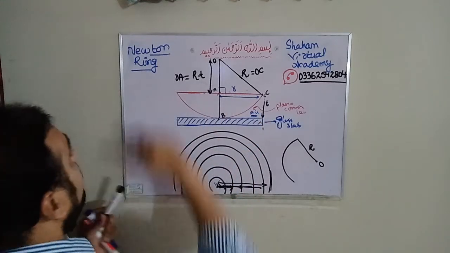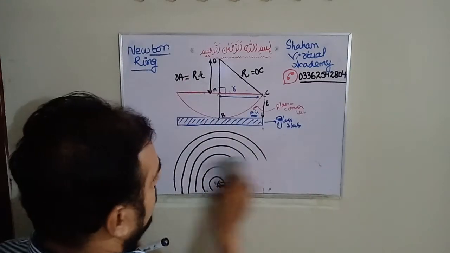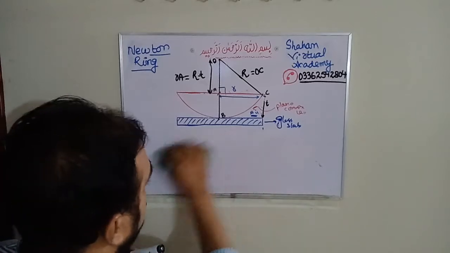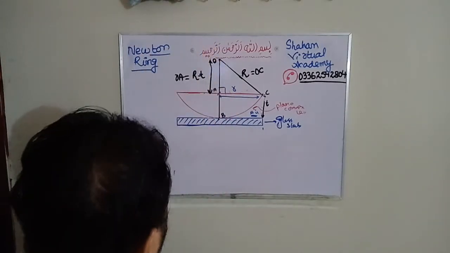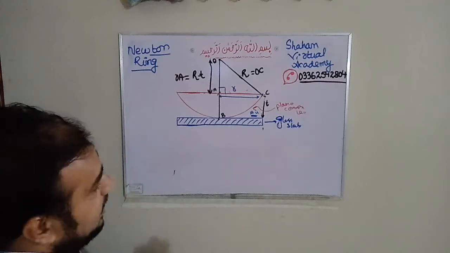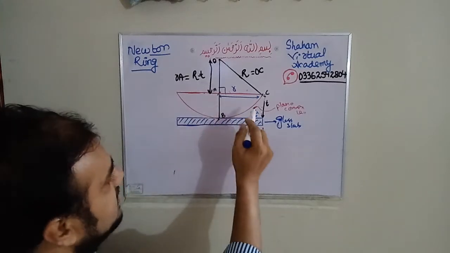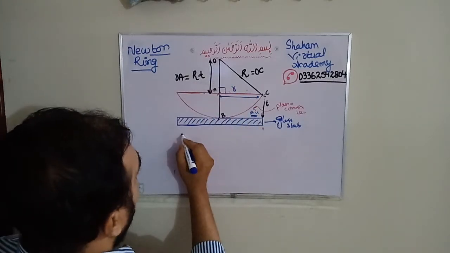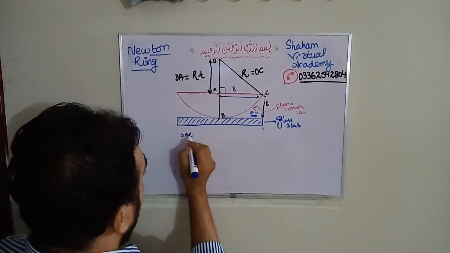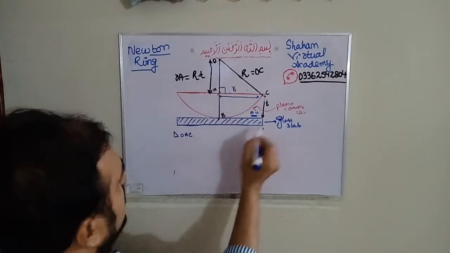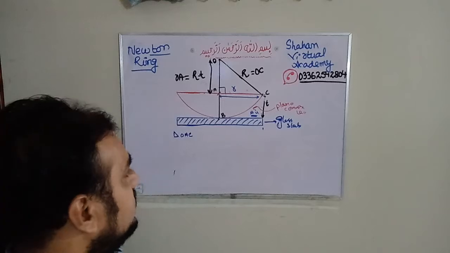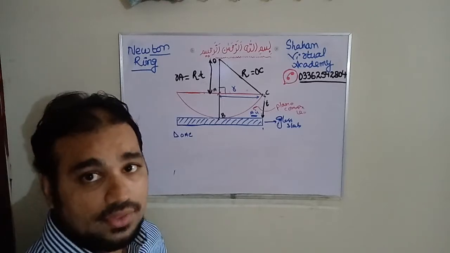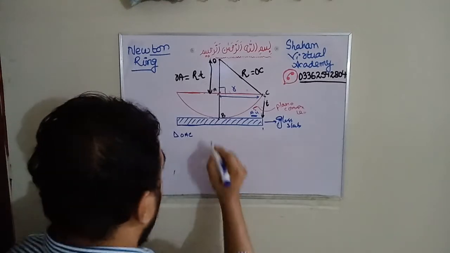Before starting the derivation, we apply the Pythagoras theorem here because it makes a right angle triangle OAC.